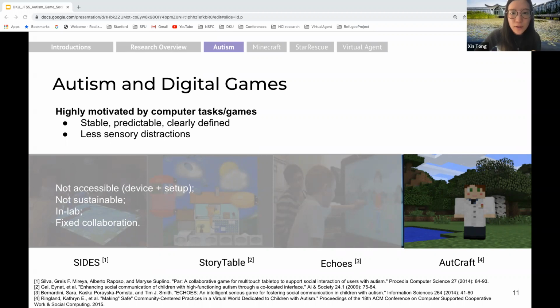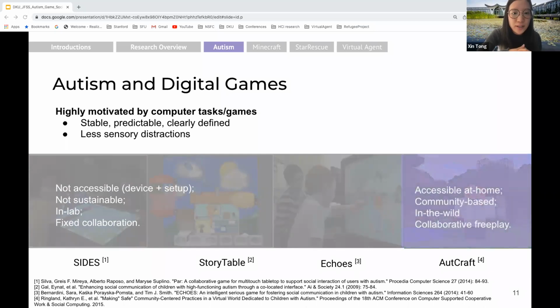So I want to talk a little bit about Outcraft here, which is a dedicated Minecraft server with only autistic children inside. I hope you have all heard about Minecraft. It's really popular among kids these days. As we mentioned earlier, most of those games are research-based and developed as research prototypes. Outcraft is the other way around. It came out first, and then researchers conducted ethnographic research, hiding in the player groups and observing what's going on inside the community.